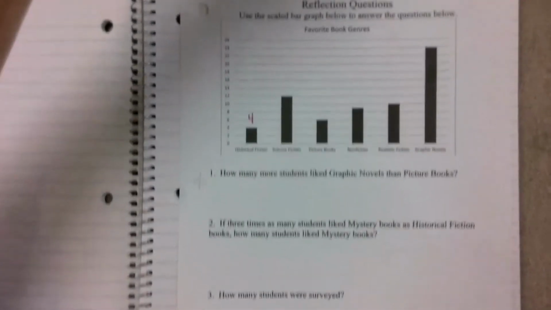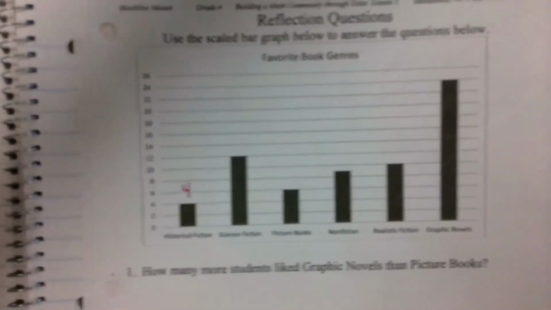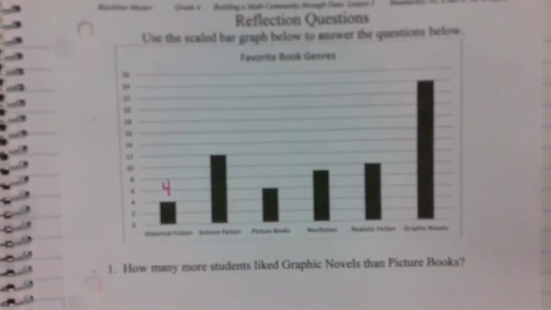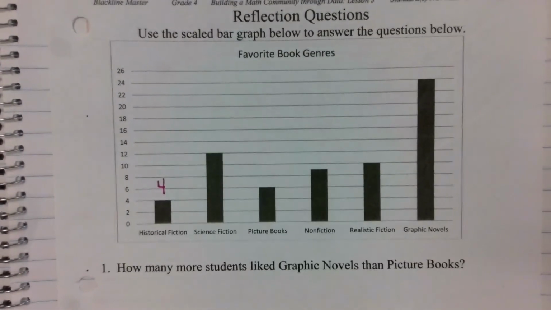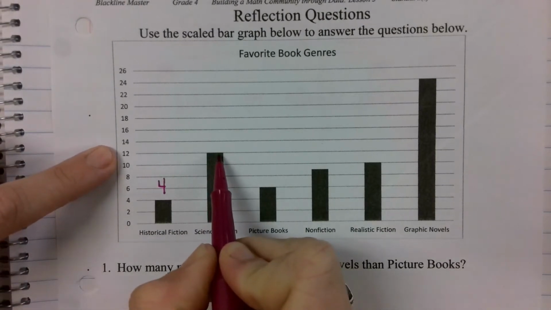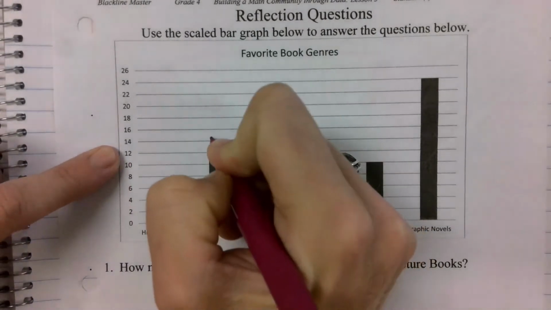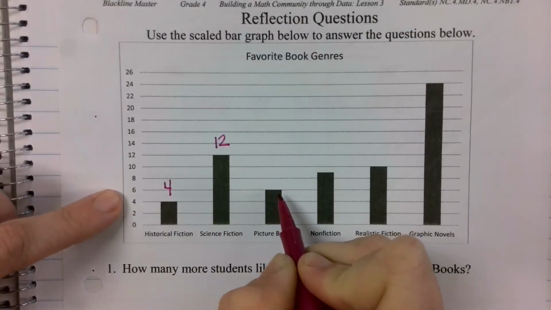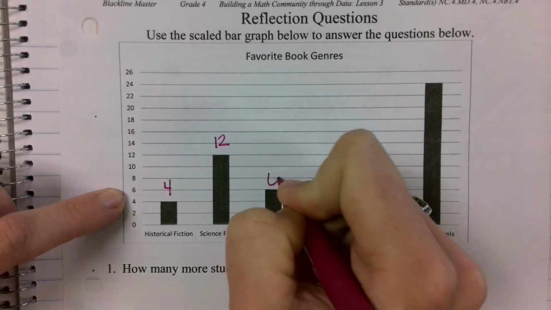Science fiction, let's see if I can zoom in. Let me get that clear for you. Okay, science fiction, I go over and I see it's 12. Picture books, I see are 6.